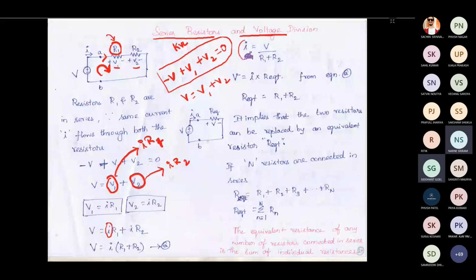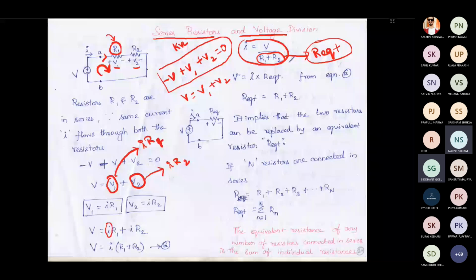So if you are having n number of elements in series, then you can find the overall resistance value just by adding the resistances, and that is considered as R equivalent. Okay, so here I is equal to V divided by (R1 plus R2). This R1 plus R2 can be written as R equivalent, as given here.